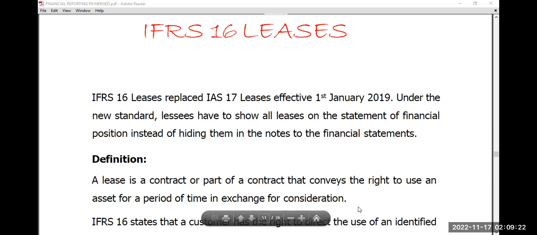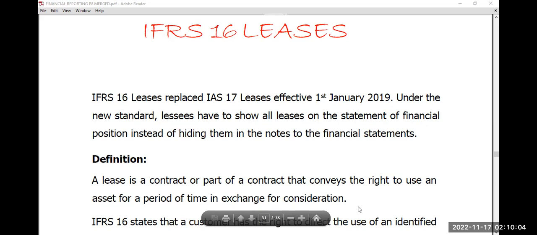What we are looking at here is that these leases are just an agreement between the person who has the asset and the person who is going to be using the asset. So we expect that the lessee is going to be acquiring the right to use that asset over a given period of time. The given period of time may not necessarily be the whole useful life of the asset, but it may be for a given period of time.